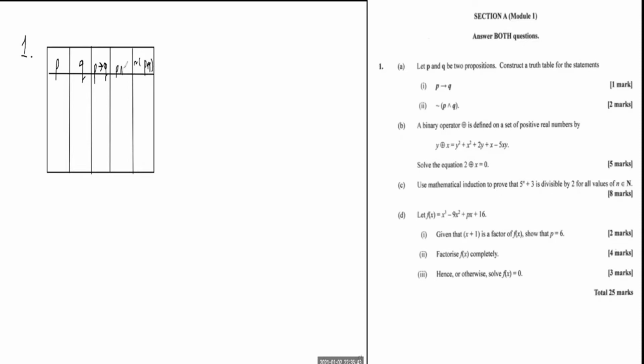Let's work through all of this. First, you write down true, true, false, false. You have two true, then two false. Then you have true, false, true, false. And that covers all four different possibilities in the truth table.